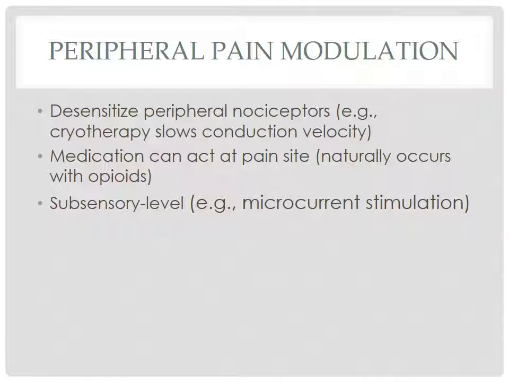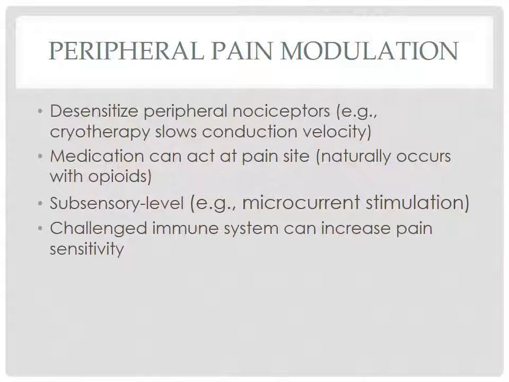Laser and light therapy are other examples. So there's this subsensory level that can be utilized to help reduce pain, and again, that's likely a peripheral pain modulation when it gets applied.